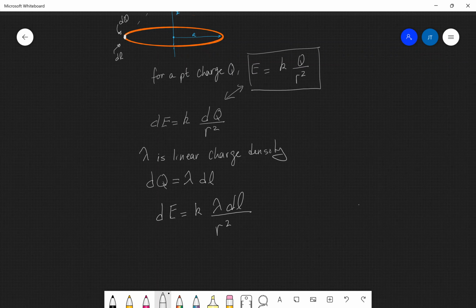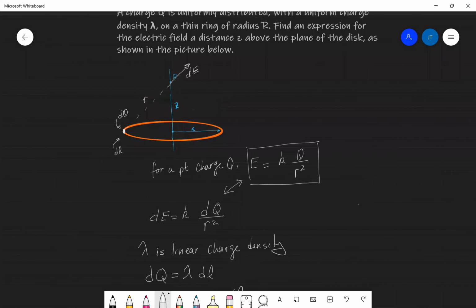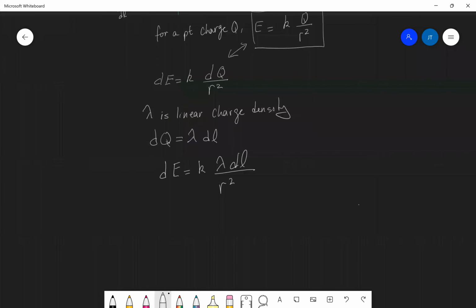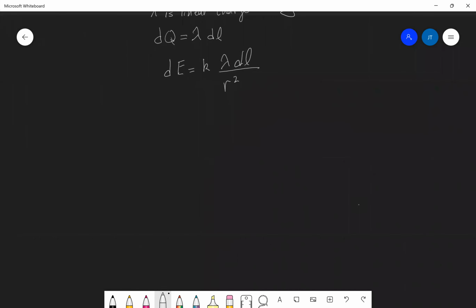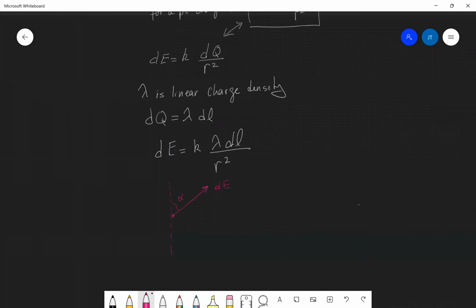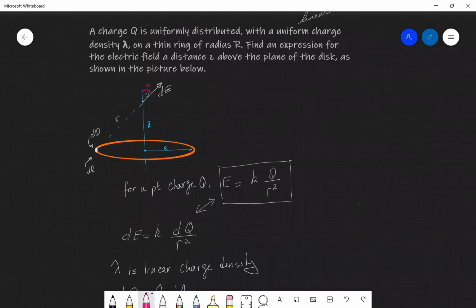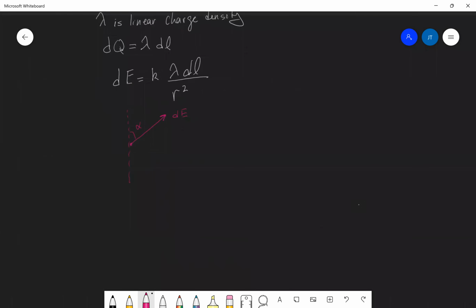But we know the electric field is actually a vector, right? And this is its magnitude. Let's look at the electric field by itself. So this is the electric field pointing this way, and it's making some angle alpha with the vertical right here. So this electric field has some kind of component to the right.